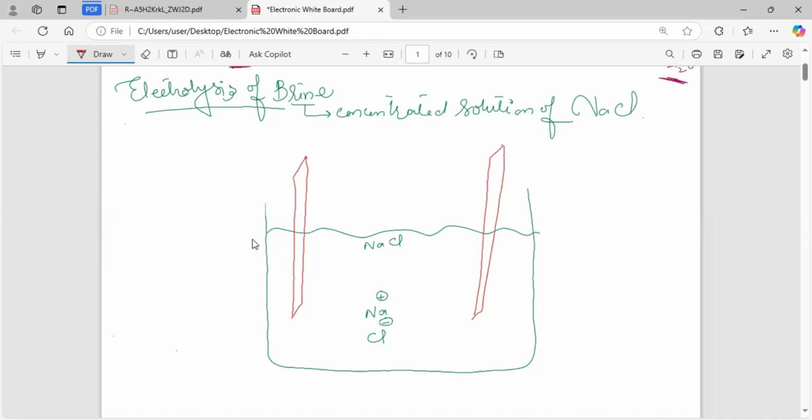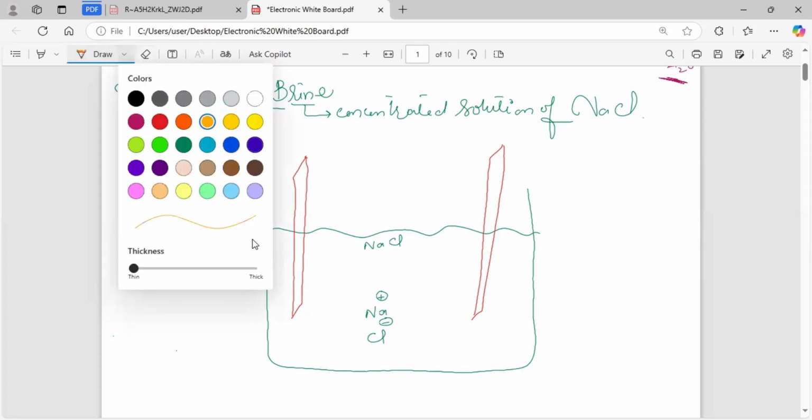They will not react with the reactants or the solution, and they are used to flow current into the solution, or to flow current out of the solution, right?